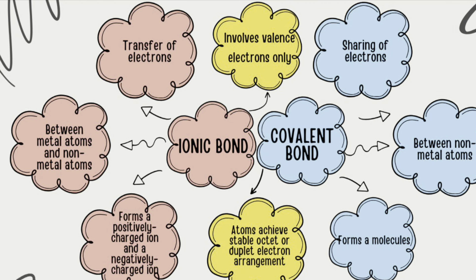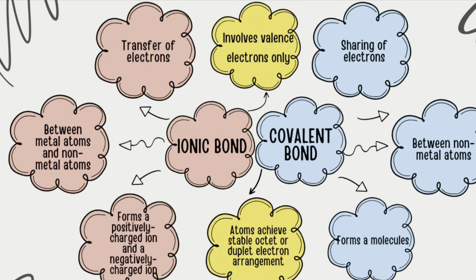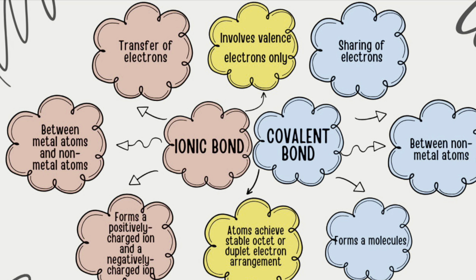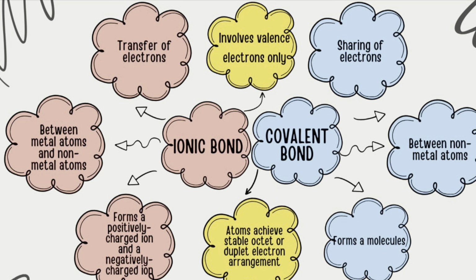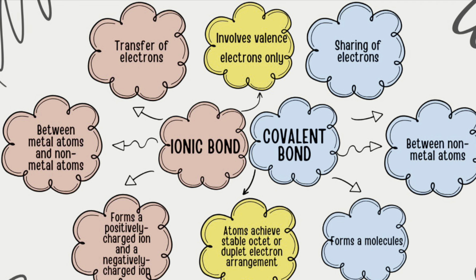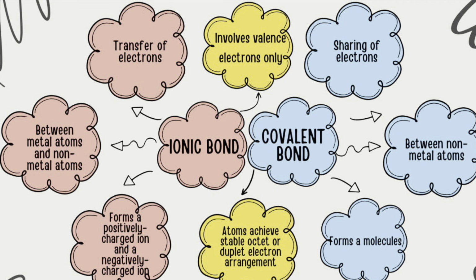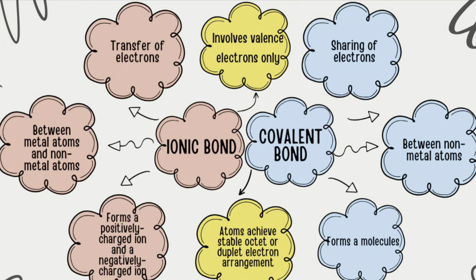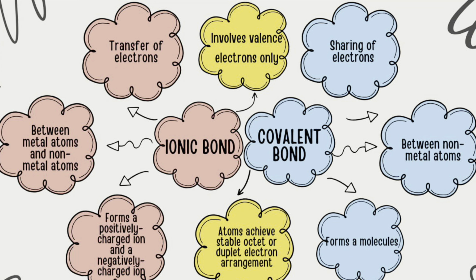In conclusion, ionic bond and covalent bond have differences and similarities between them. The difference for ionic bond is that it involves transfer of electrons only. Besides, it occurs between metal atoms and non-metal atoms.